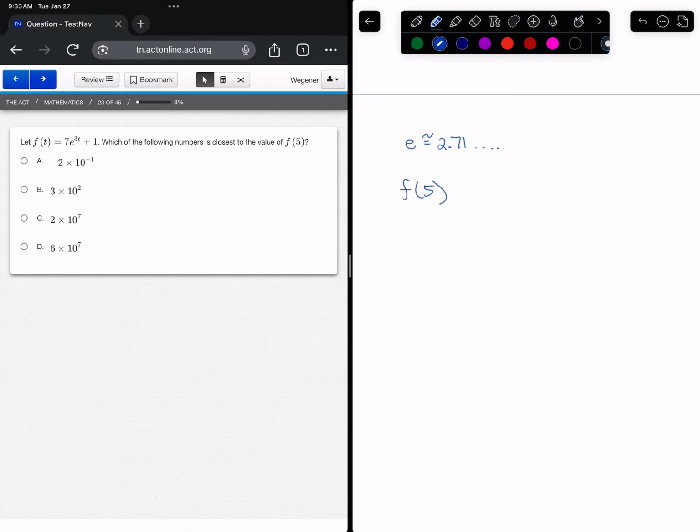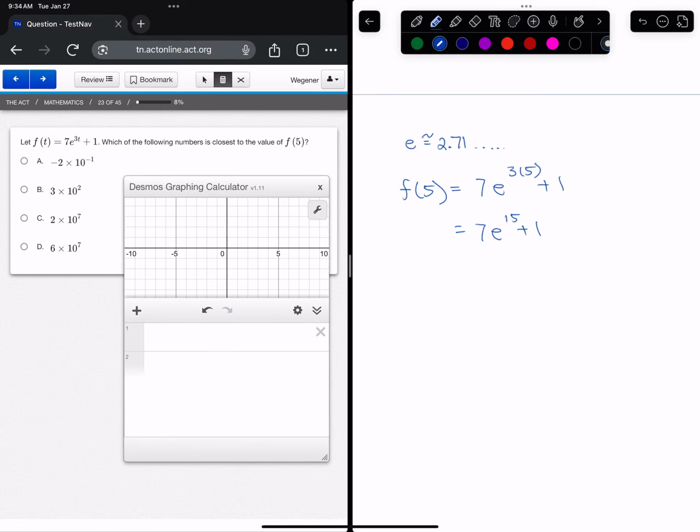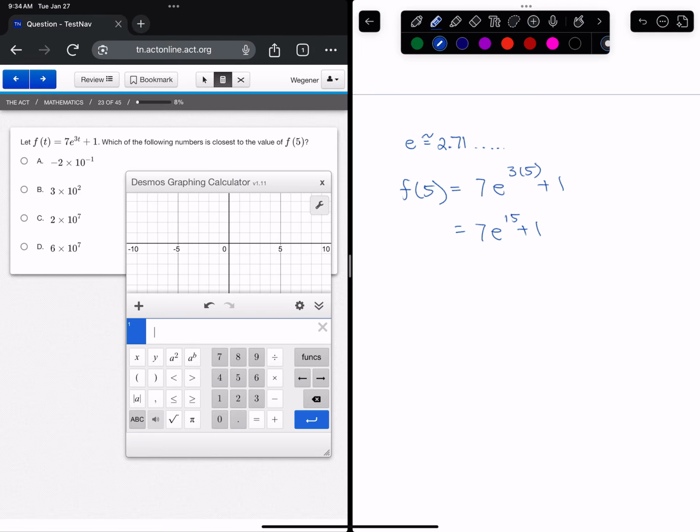So f of 5 is equal to, wherever you see a t is now going to be a 5. Okay, so 7 times e to the power of 3 times 5 plus 1. So this is effectively 7 times e to the power of 15 plus 1. Okay, that's going to be a really, really big number just by looking at it. And so this question essentially is asking you, do you know how to simplify really, really big numbers? And we do.